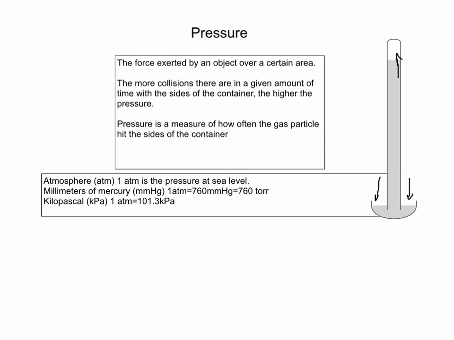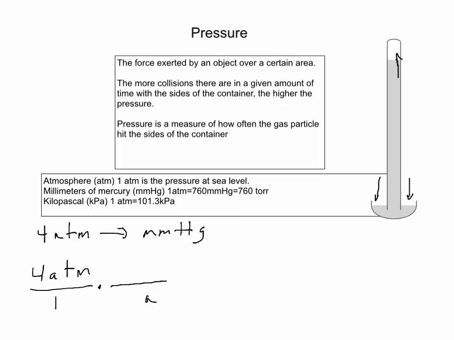So let's say I have 4 atmospheres, and I want to convert that to millimeters of mercury. Well, my conversion is exactly the same as I would do for stoichiometry. I have my given, 4 atmospheres over 1, times a new fraction, old unit on the bottom, new unit on top.